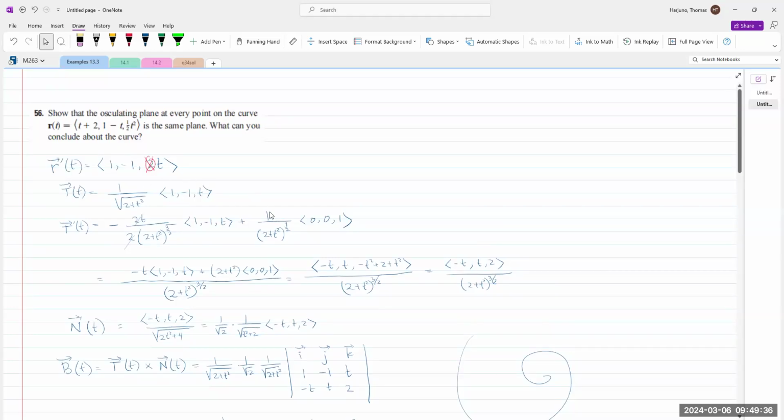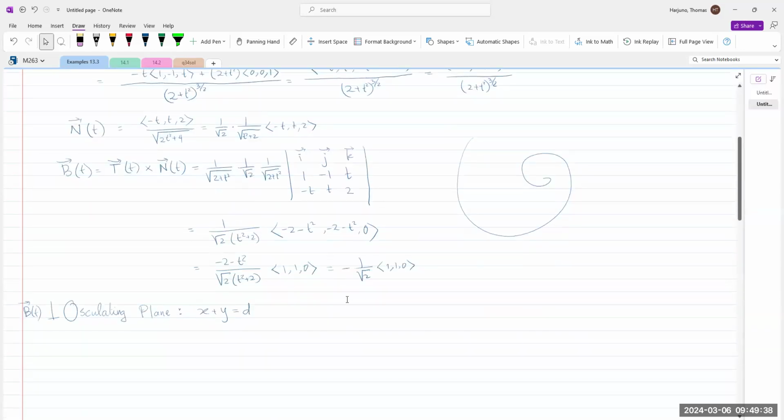And the outcome becomes quite strange. But the nice thing is that my unit binormal vector happens to be parallel to the same vector 1, 1, 0. So you will see this is t plus 2 plus 1 minus t equals d. That gives me the same d.